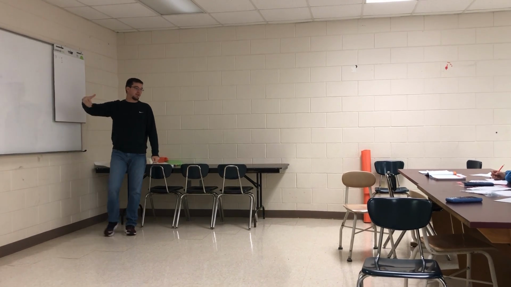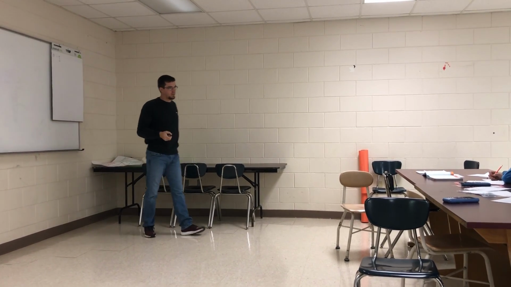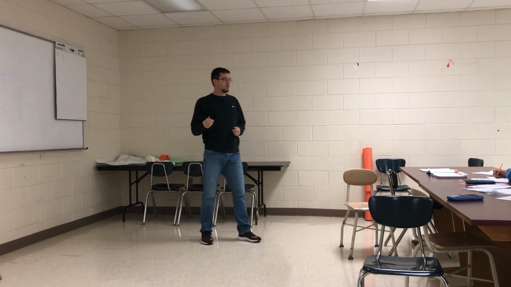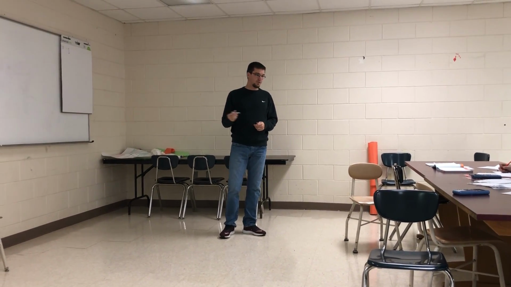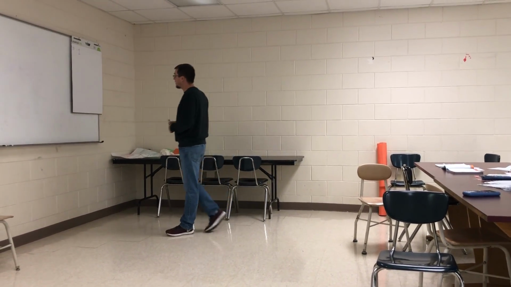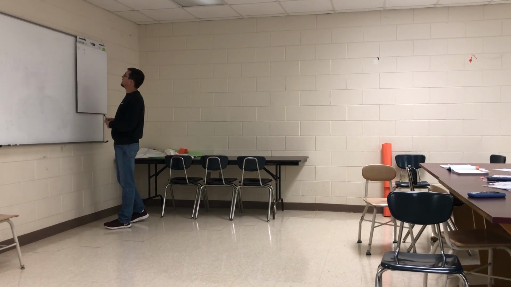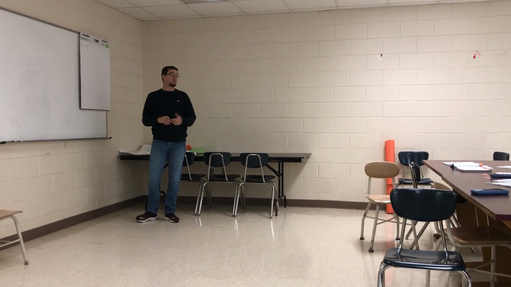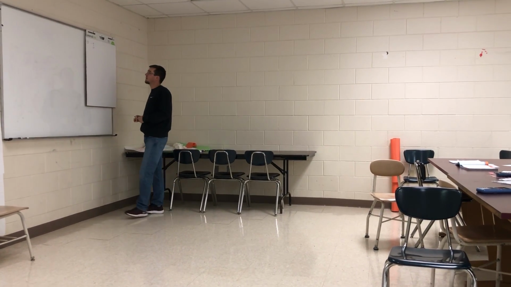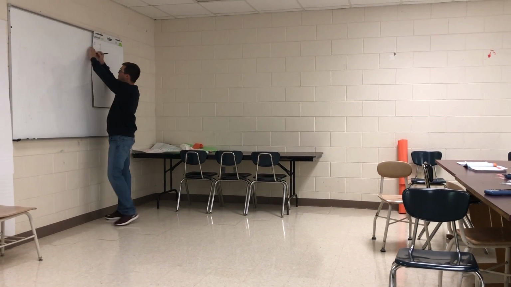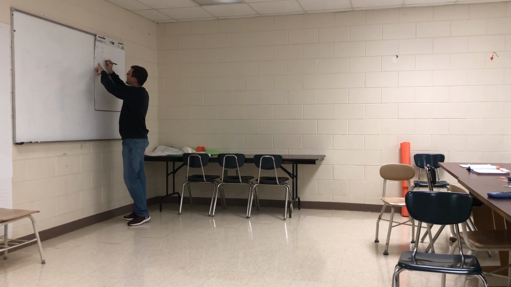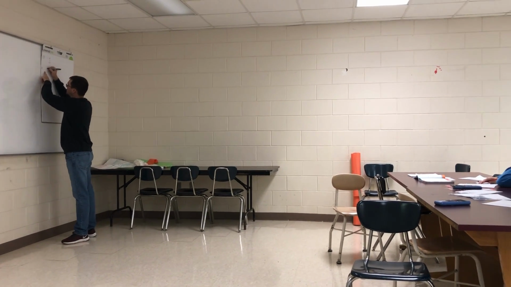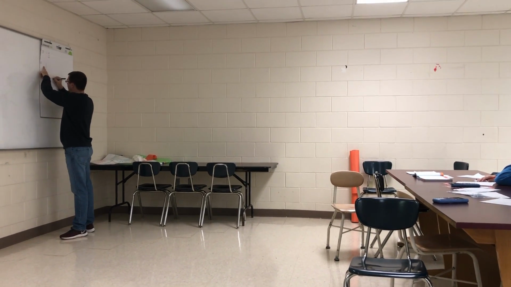Any 2 numbers added together that equal 8. 2 plus 6. 3 plus 5. 4 plus 4. 7 plus 1. Could do that. Okay, so step 2, we're going to draw our rectangles. Now I've got 6 rows, 8 columns.